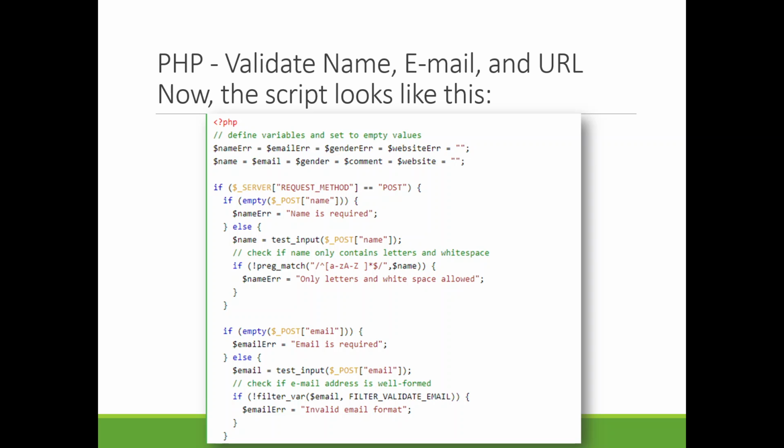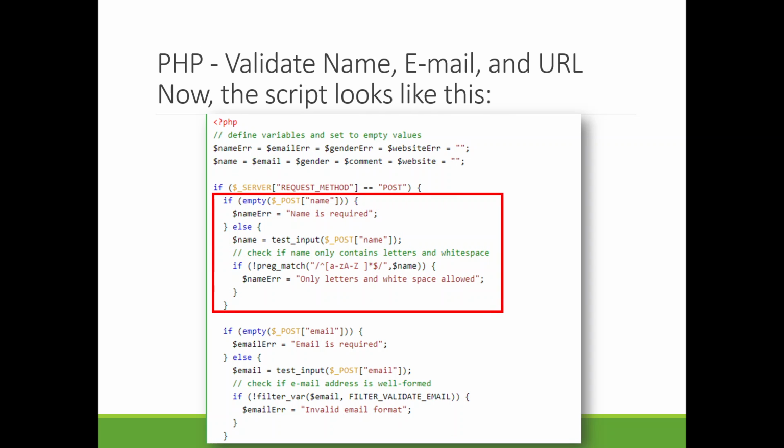Okay, so now when we do that, our script will look like this. You see, we have the script for the name here. First, we check if the name is entered or not using the empty function. If it's not entered, then we save that error. Otherwise, we want to validate the name, so we call the test input function.